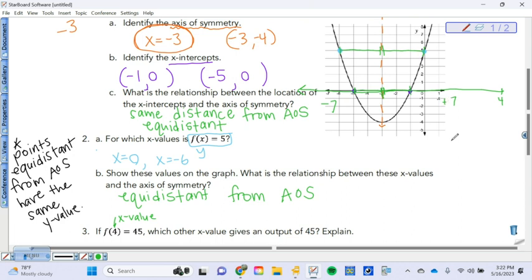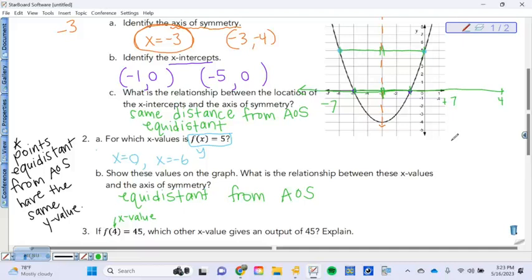Let me just give you another example of one that we can actually see. F of -1 is 0. If the input is -1, my output is 0. This is telling me if my input is 4, my output is 45, which is like way up there.